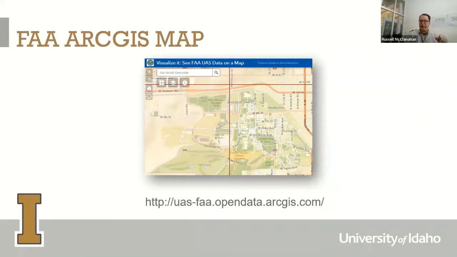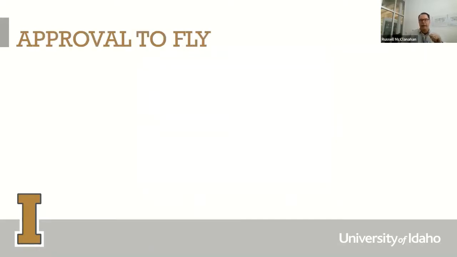The entire Moscow campus is actually controlled airspace because we're within the envelope for the Moscow-Pullman airport. So if you're wanting to fly on campus, you're going to have to deal with getting permission to fly in controlled airspace. So this is, again, another great resource to find out if there are any issues where you're wanting to fly.